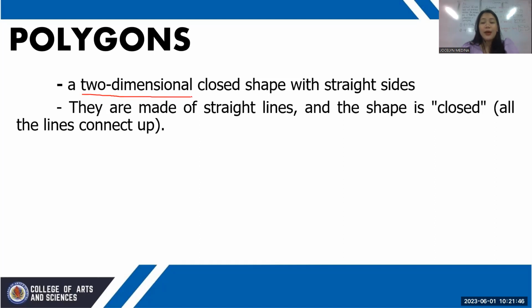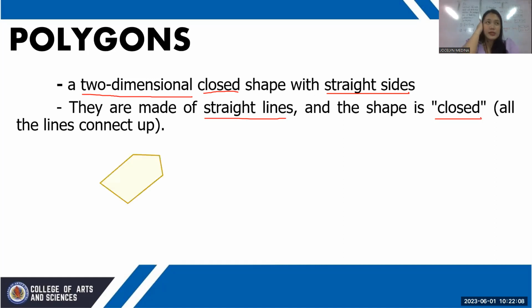Una, dapat two-dimensional. Pangalawa, dapat closed. And pangatlo, dapat meron siyang straight sides. So, ang ginagamit natin to enclose a polygon are your straight lines. And dapat, as I said, enclosed, wala kayong spaces na makikita.